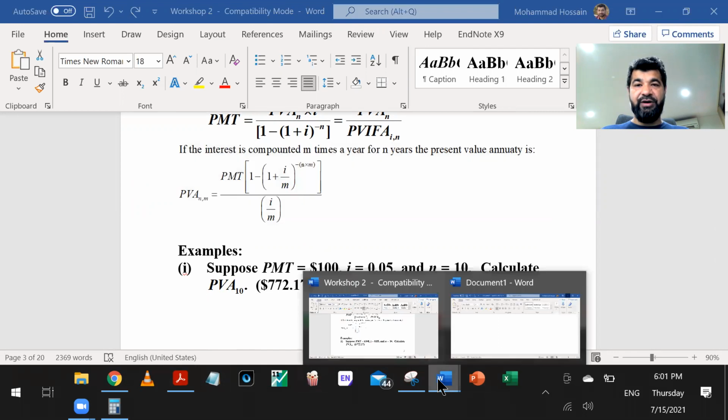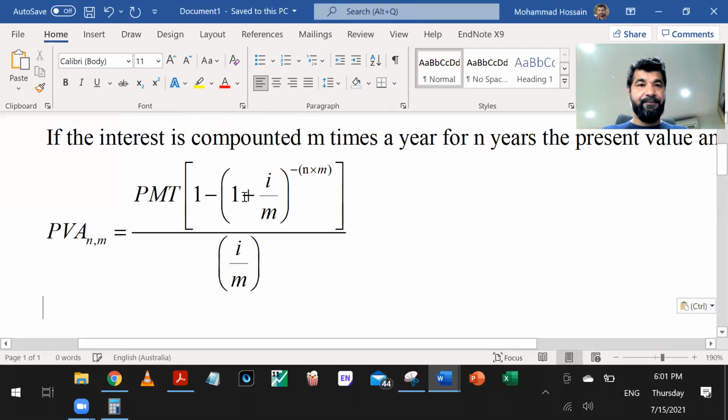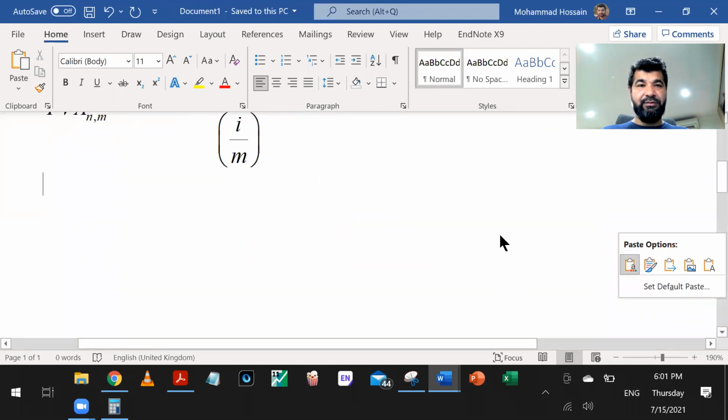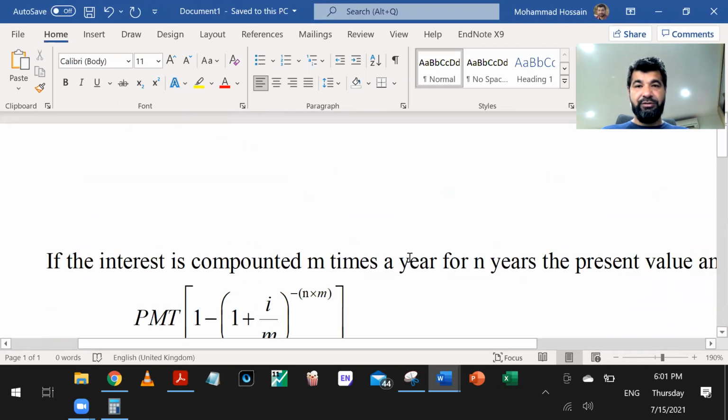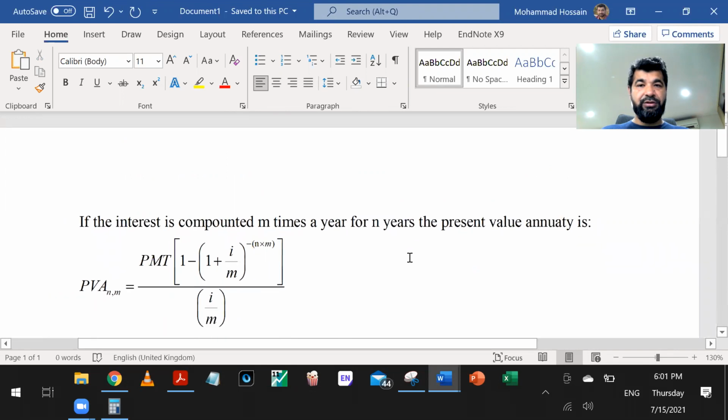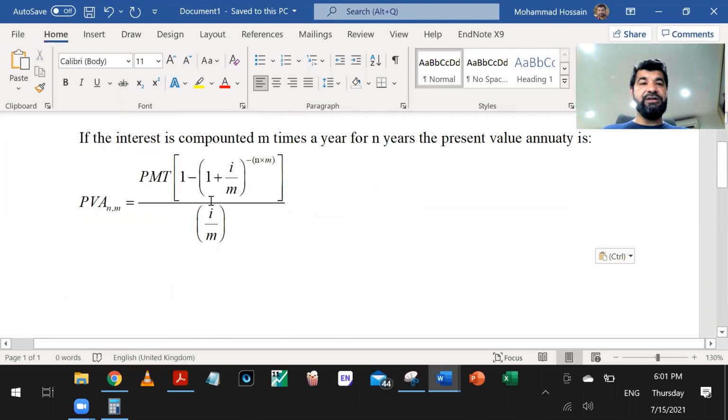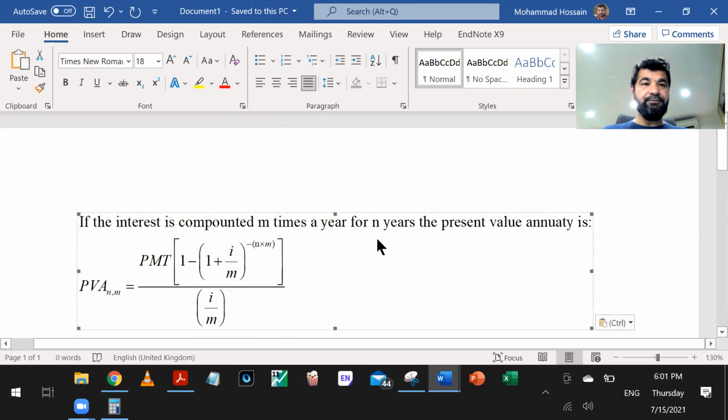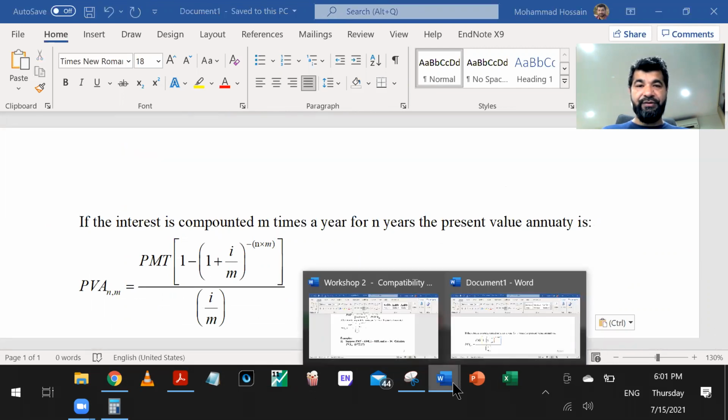I'll show you how the formula is different. This is the present value annuity formula, and now I'm going to show you the future value formulas.